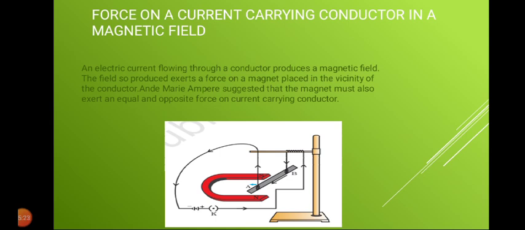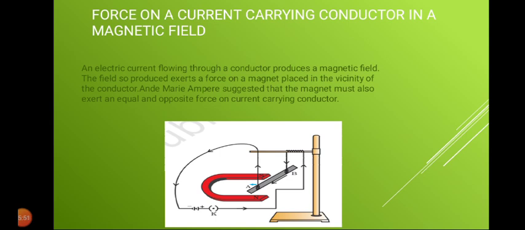Let us consider a conductor which is suspended with the help of insulated copper wires between the poles of a U-shaped magnet. Then close the switch, which we can see in the diagram. If we close the switch, the electric current has a clockwise direction.